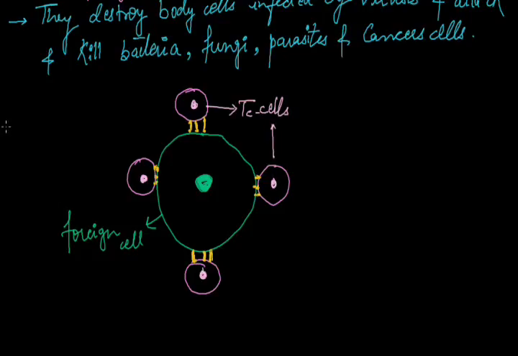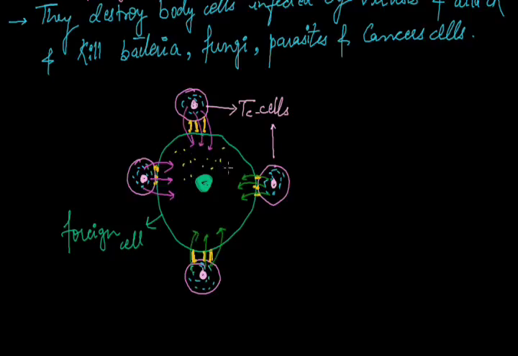Now they will release the cytotoxins present inside the TC cells after the attachment. This foreign cell will get destroyed by the cytotoxins released by these TC cells or killer cells.